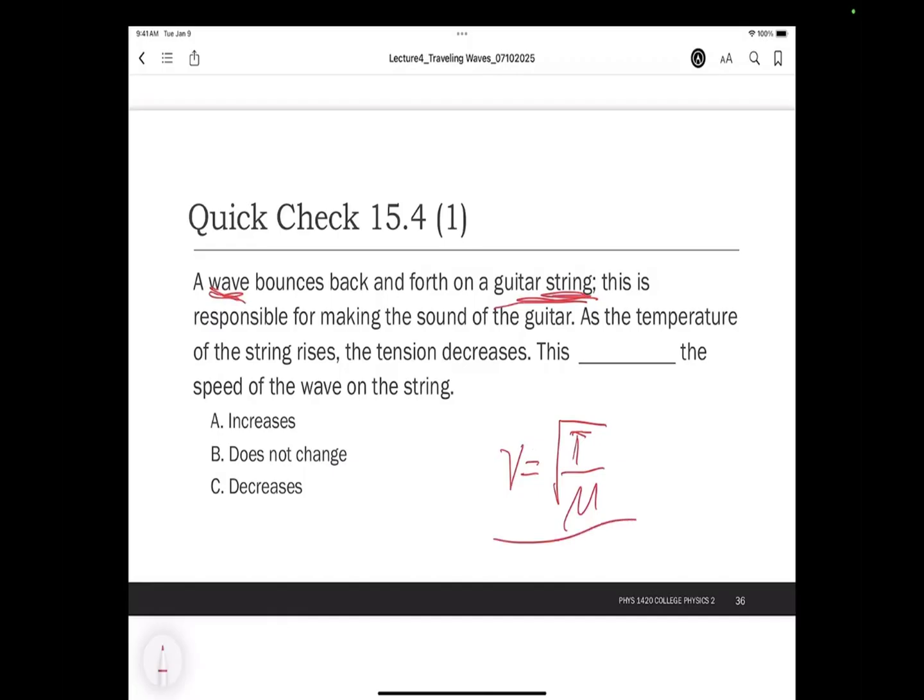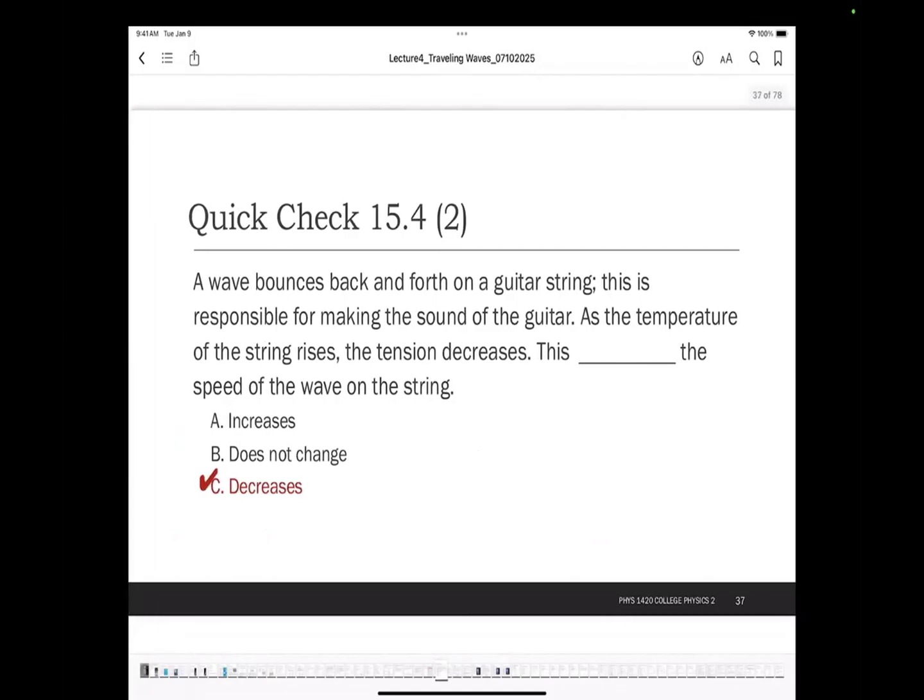For this equation, the speed just depends on the string tension and the linear density. So when the tension decreases, what does the speed do? It will also decrease, am I right? So don't be confused. This wave is not a sound wave. It's just a vibration, like in a spring. Does it make sense to you? Yes, it decreases.